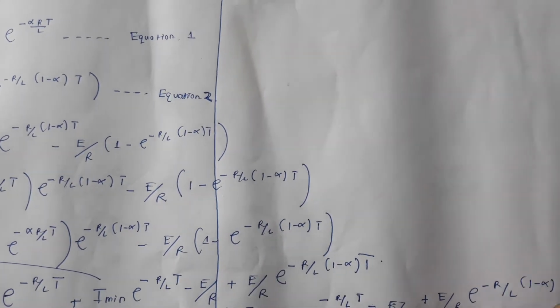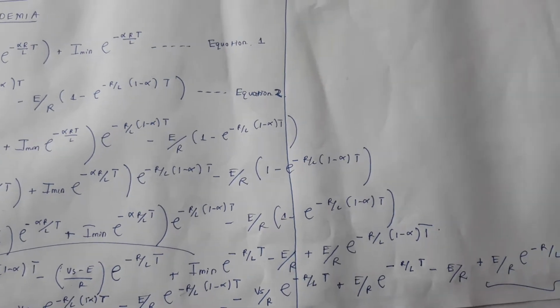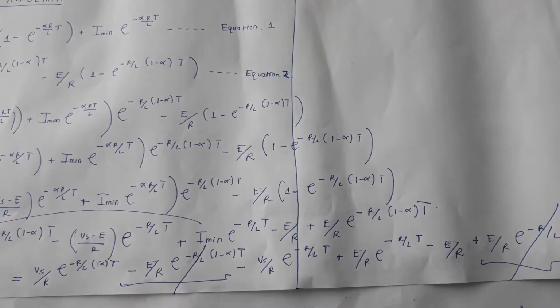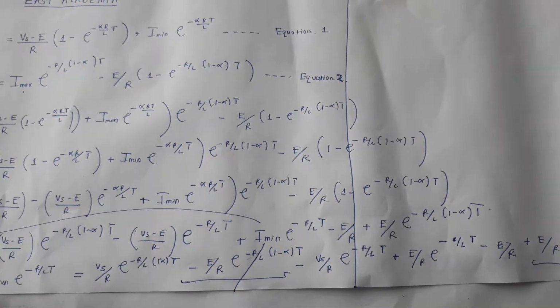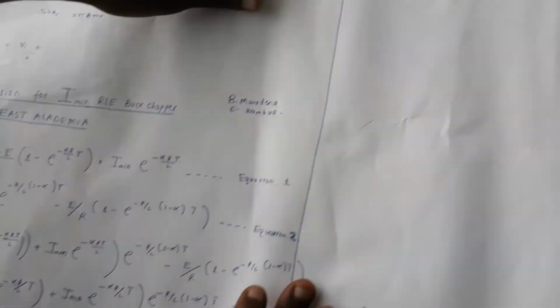Now, one thing you notice is that this term is equal but opposite to this term, so this term goes, similarly this term goes, and we can move Imin out of the bracket.